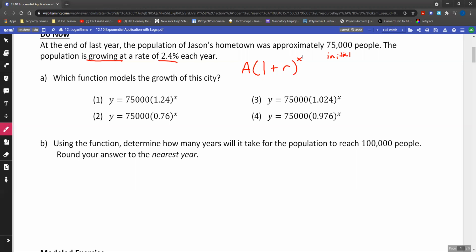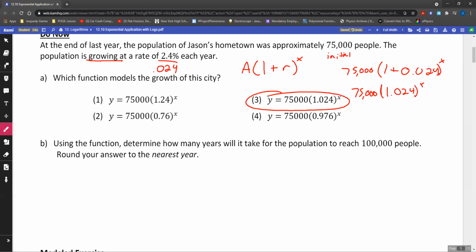So a is our initial value, which for us is the 75,000 people. Then we have 1 plus the rate. Now the rate's 2.4%, which means that this is going to be rewritten as 0.024 as a decimal. And all this is going to be raised to the power x. When I add this becomes 1.024 to the x times 75,000. So the only one that matches that is going to be this one.